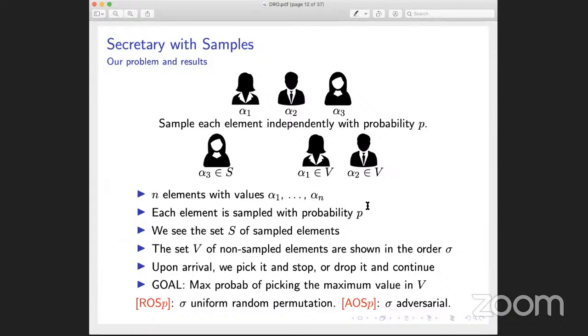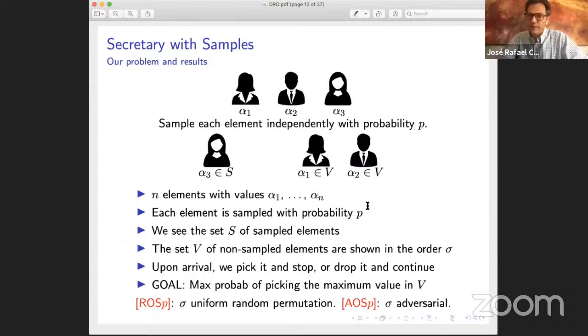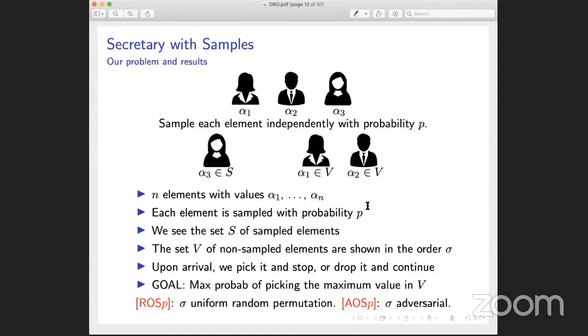Just a quick question: are the alphas originally samples from a distribution, or are they arbitrary? They're arbitrary, just like in the classic secretary problem. You can think that an adversary wrote these values. Got it.